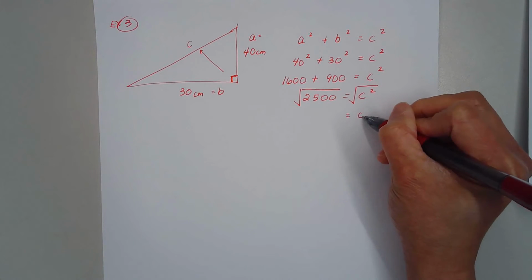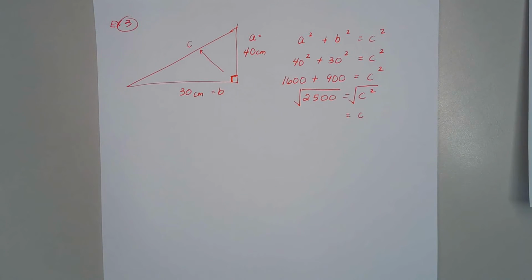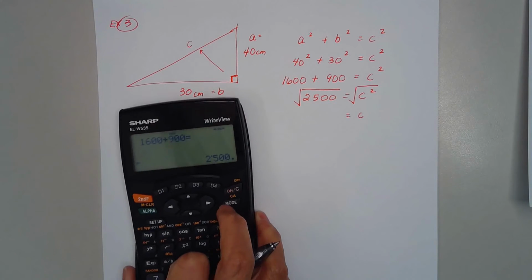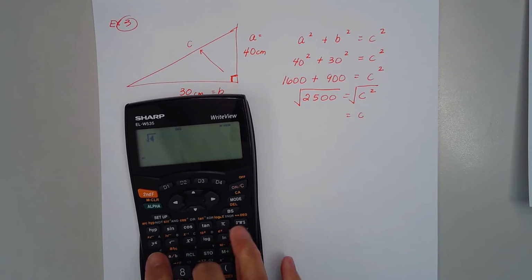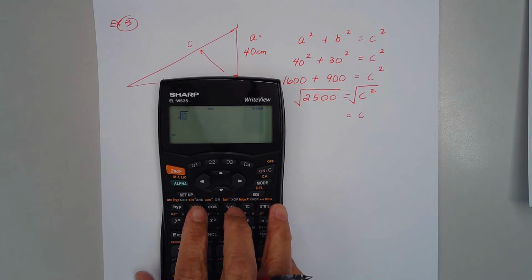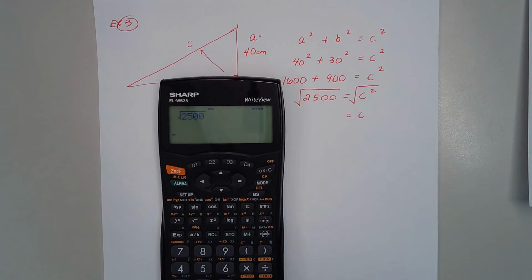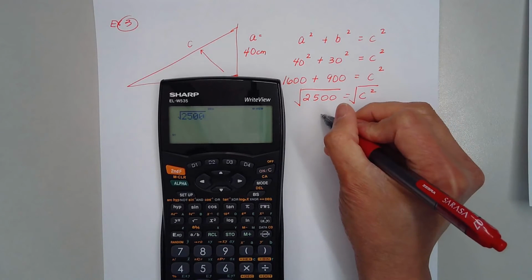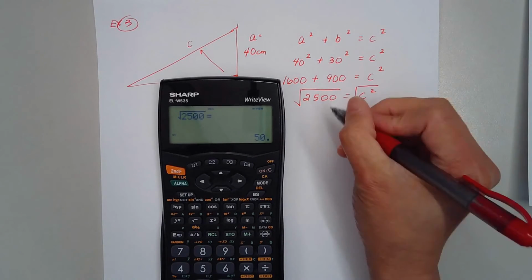What's the square root of 2,500? 50. So the answer is 50.